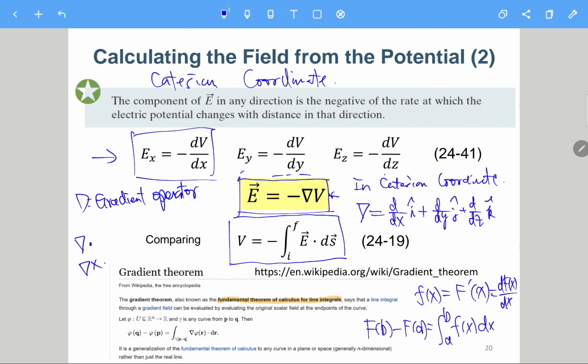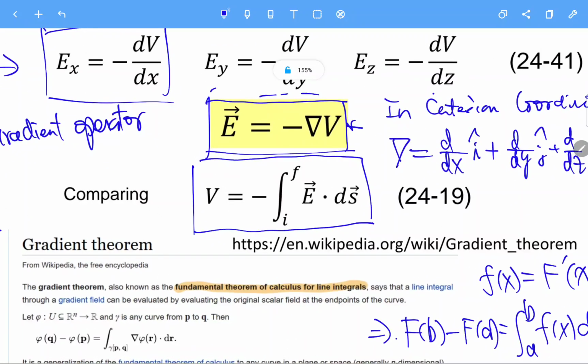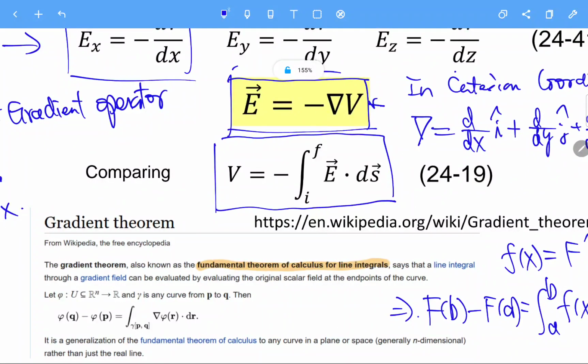So this is the fundamental theorem of calculus when you learn calculus 1 or whatever. This is another form of it, for the line integral, and later on you will also see it for the surface integral, or for the triple integral, something like that.